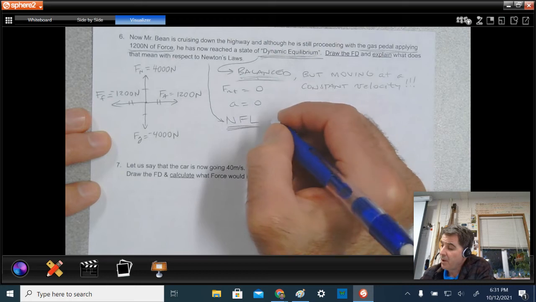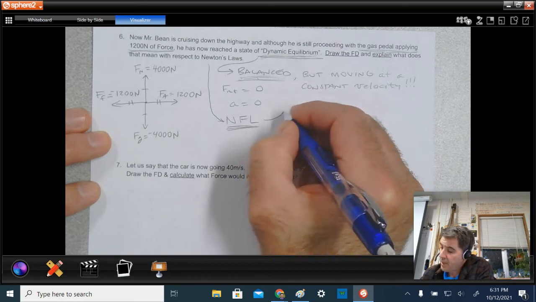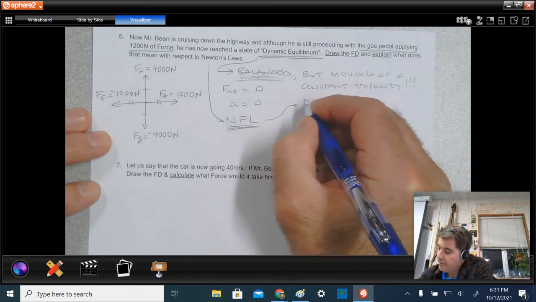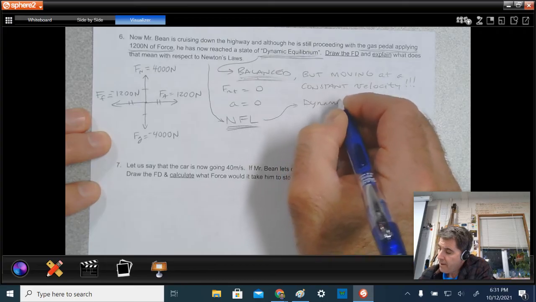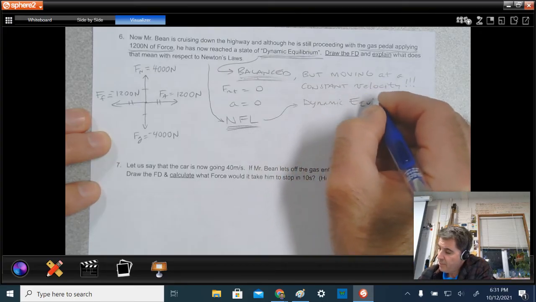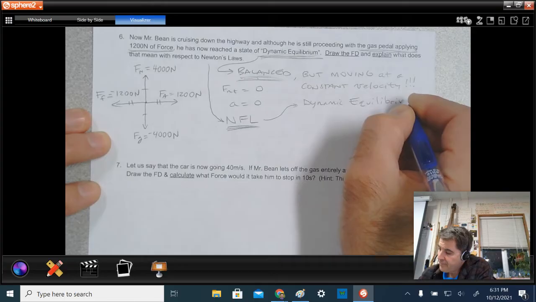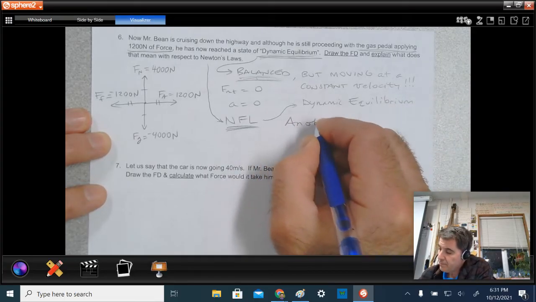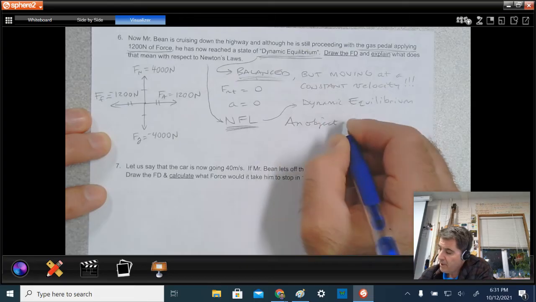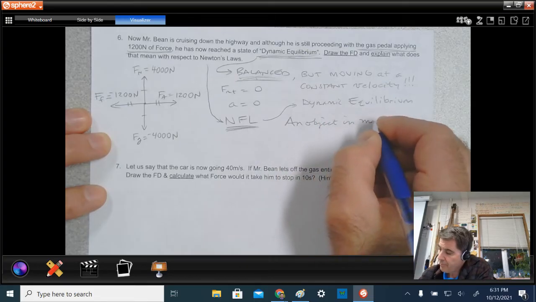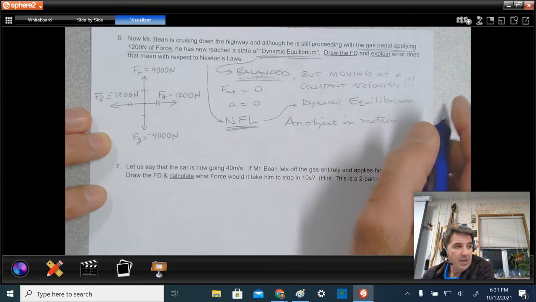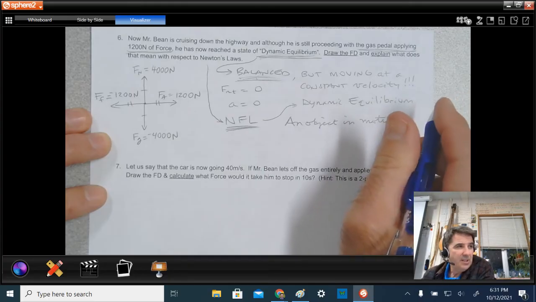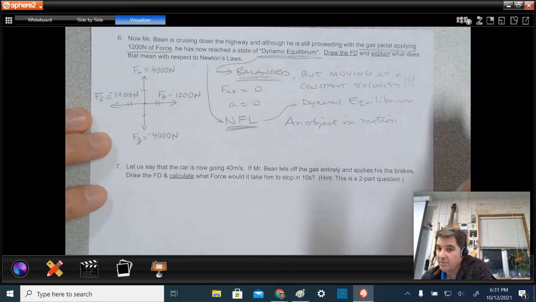Newton's first law with dynamic equilibrium is a little bit different. We say it the second way. An object in motion, and there's a couple ways to say that. You could say it will continue in motion, or you could say it will maintain constant velocity.